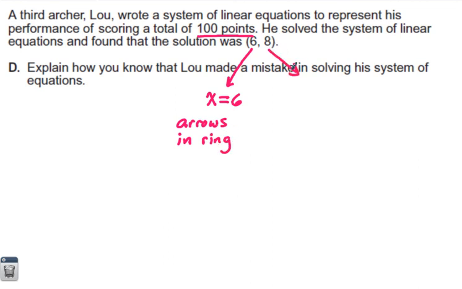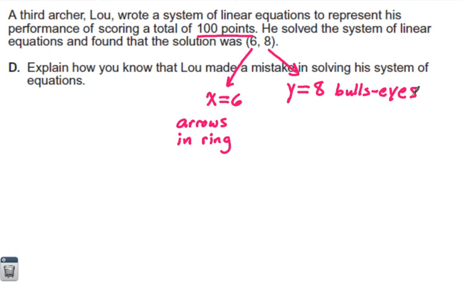And the 8 part, that means he figured out that y was equal to 8, which means 8 arrows in the bullseye.